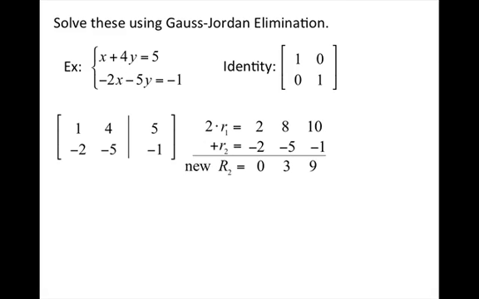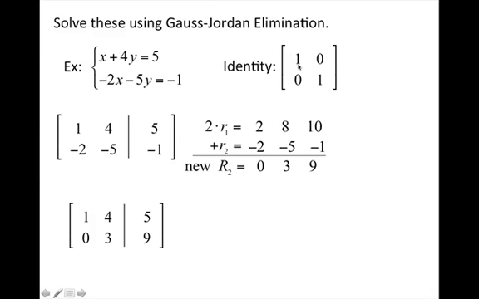This is my new row 2. Row 1 is not going to change. Even though I've temporarily multiplied row 1 by 2, in my matrix I want to keep it the same because it has that 1 that I want. So row 1 remains a 1, 4, 5, and my new row 2 becomes the 0, 3, 9.